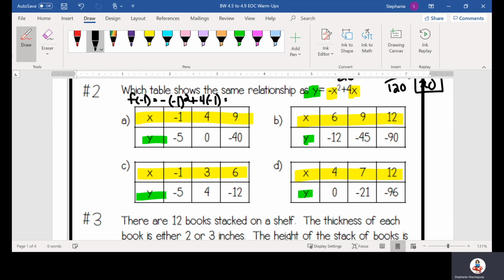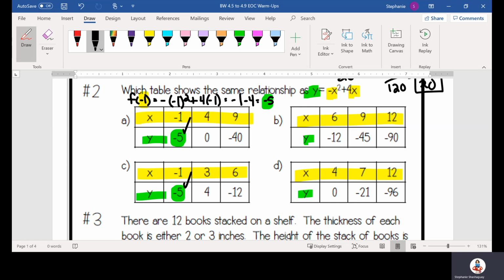Negative 1 squared is 1, so we're going to have a negative 1 minus 4, which is equal to a negative 5. So when my input is negative 1, my output is negative 5. And so those two match. So I'm going to give them a check mark.